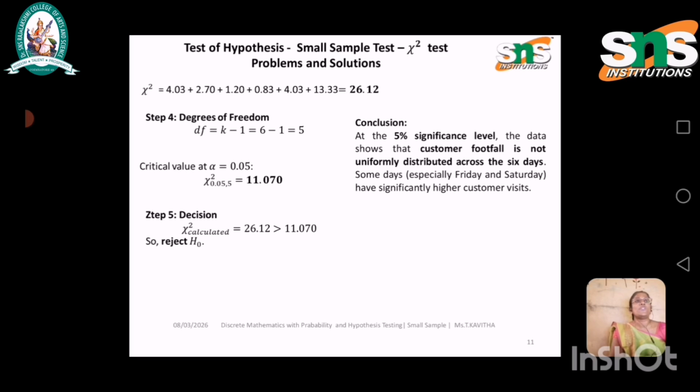The total value is 26.12. This is our calculated chi-square value.